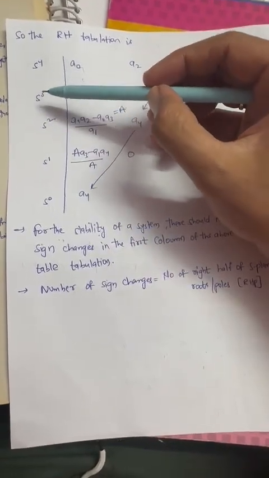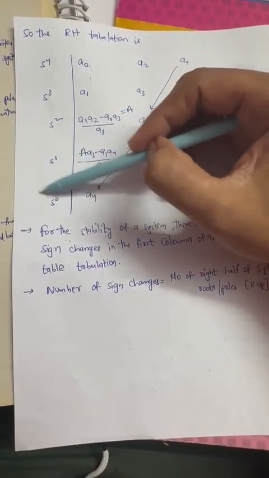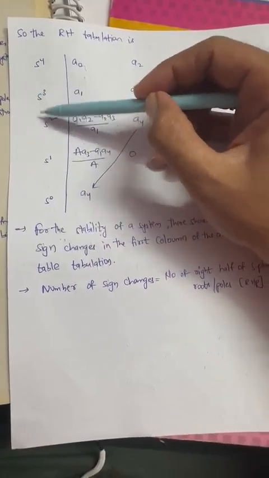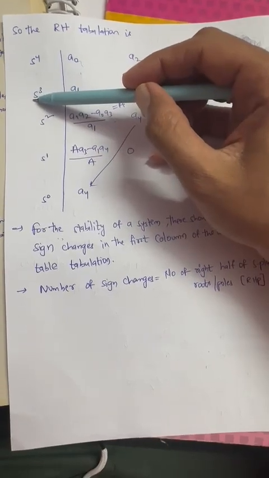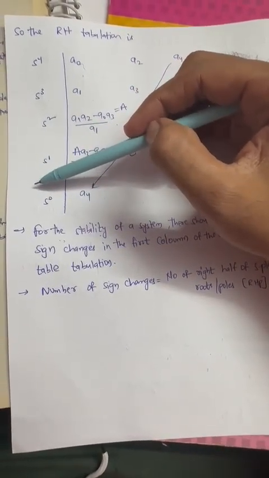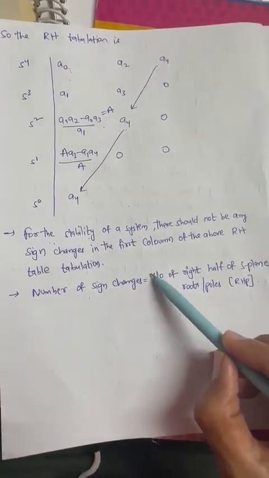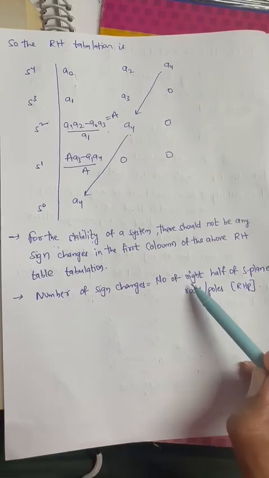If there are any sign changes, such as positive, negative, positive, then the system is not stable. If any sign change is present, then there are right hand side poles. So the number of sign changes is equal to the number of roots in the right half of the s-plane.